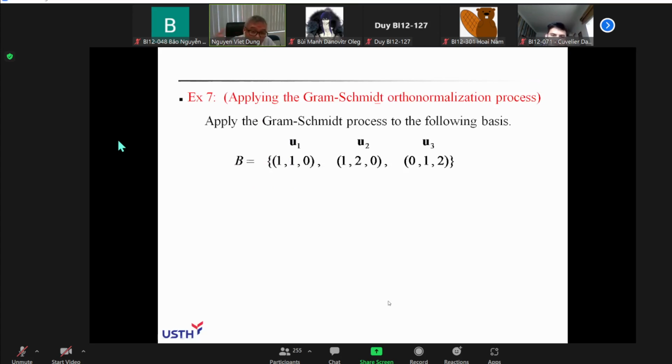That example is by geometry. Now I give you another example by formula. You consider B consisting of u1, u2, and u3 as on the screen. You need to apply the Gram-Schmidt process to find an orthonormal basis for R3.